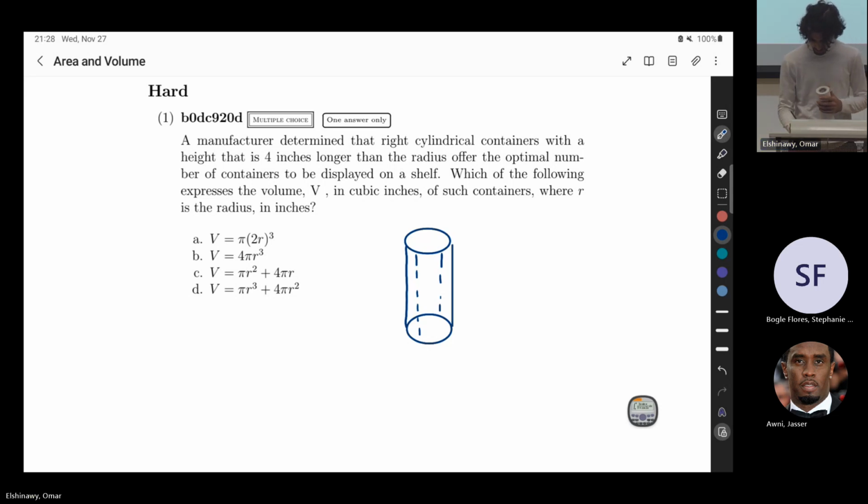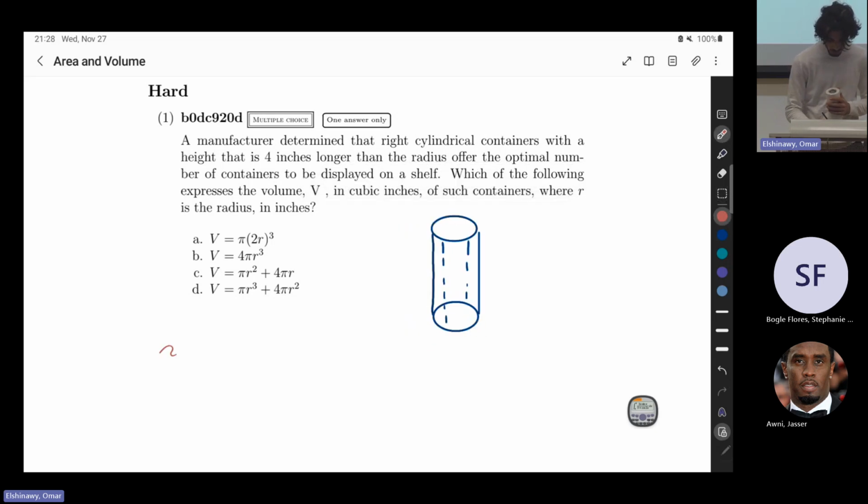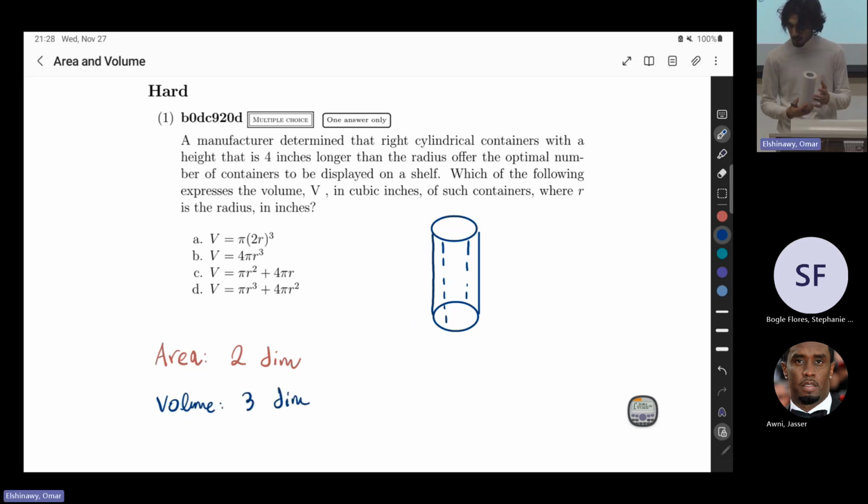Just to cement two concepts: if we talk about area and volume, area is usually two-dimensional, and volume is three-dimensional. So this is a three-dimensional object, it has a volume. And if you talk about area, you talk about, for example, the surface of this object or this table or any other object.